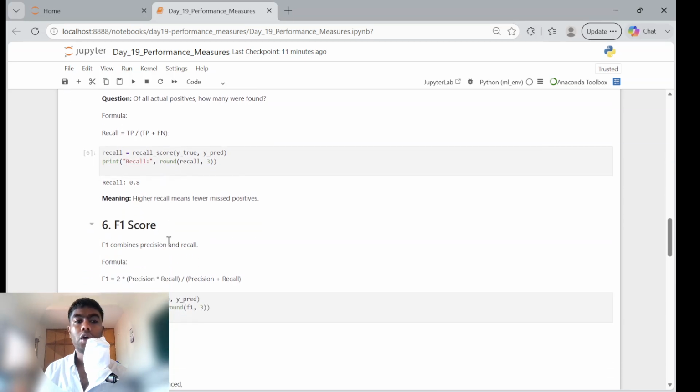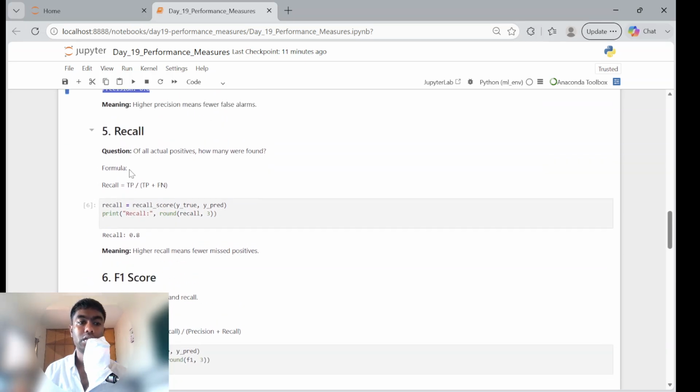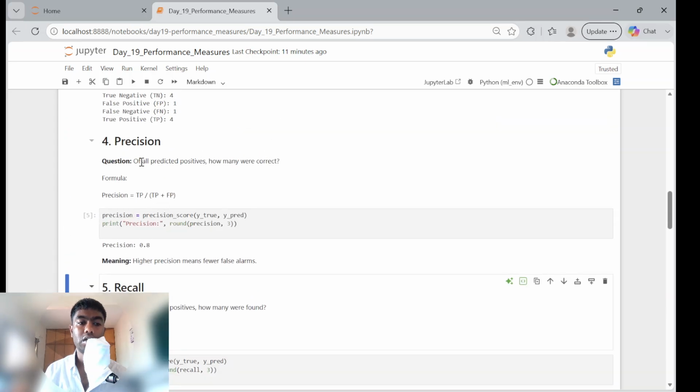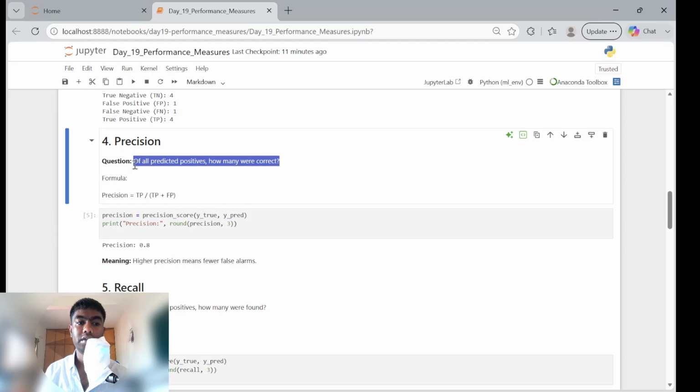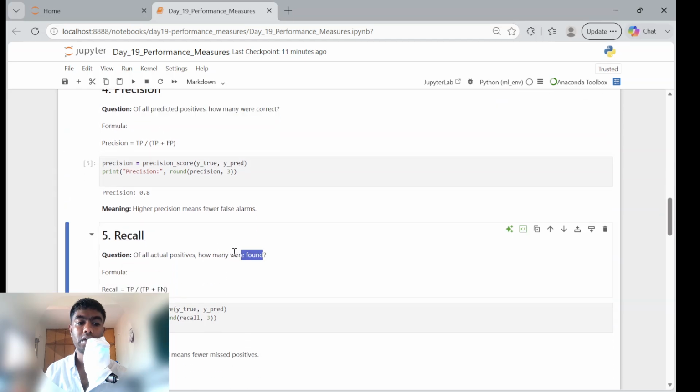In case of recall, we can see that it's true positives divided by true positives plus false negatives, and it has about 80%. So here, of all predicted positives, how many were correct is the answer that precision gives us. In case of recall, of all actual positives, how many were found positive, right? So that's the information that false positives and false negatives give here.